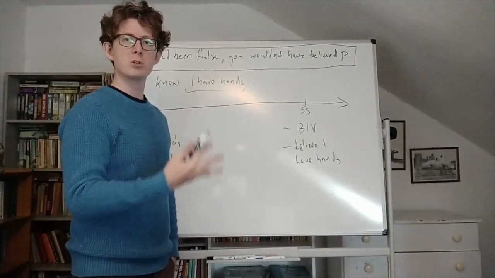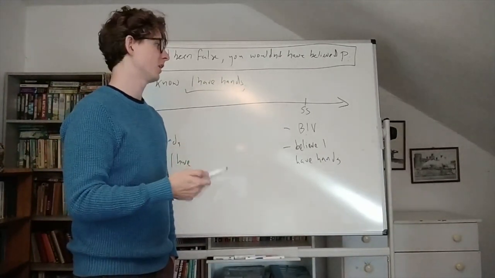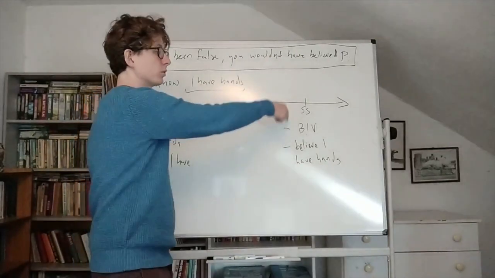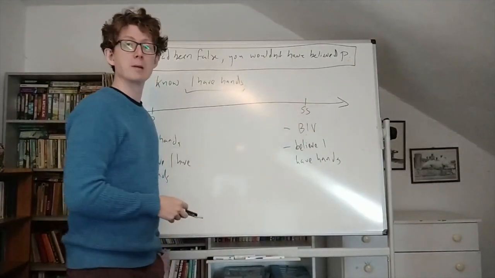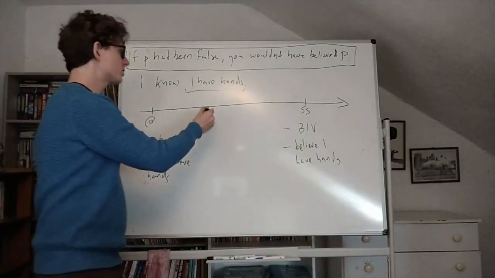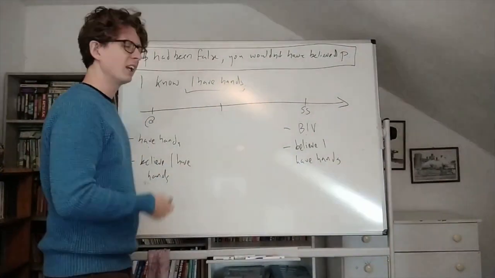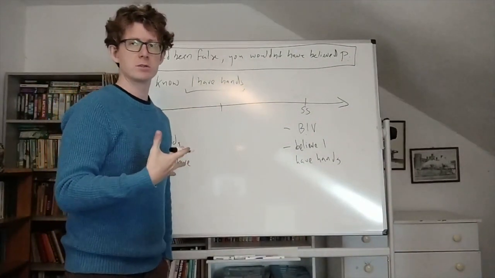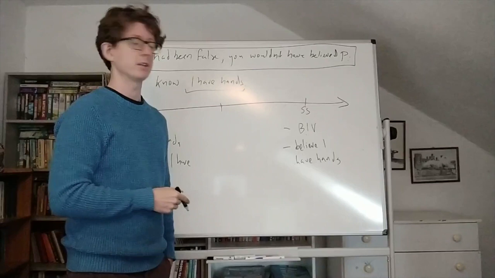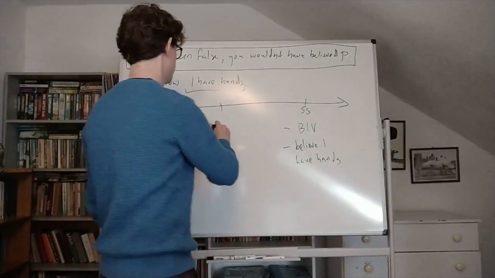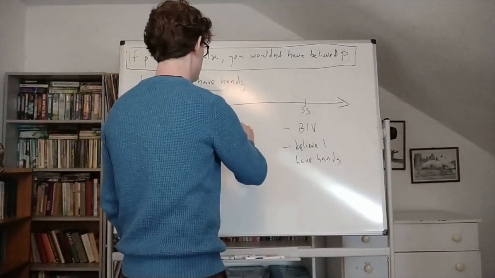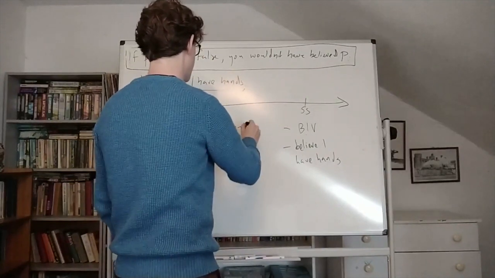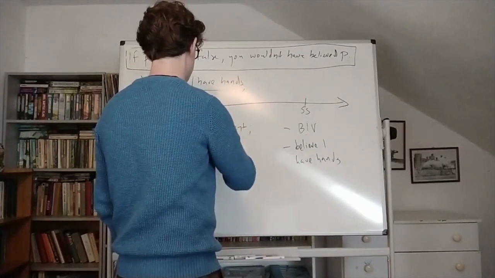There are much more mundane possibilities where I lack hands than these very weird scenarios where I'm a brain in a vat. Let's just pick one of them. Let's imagine that I was in some kind of accident and lost my hands.